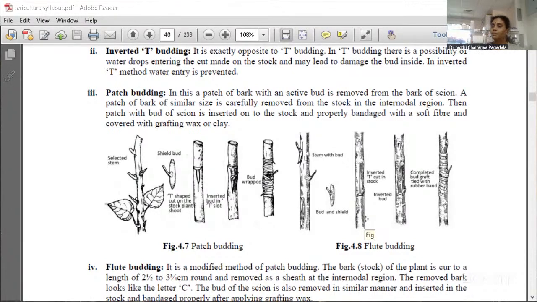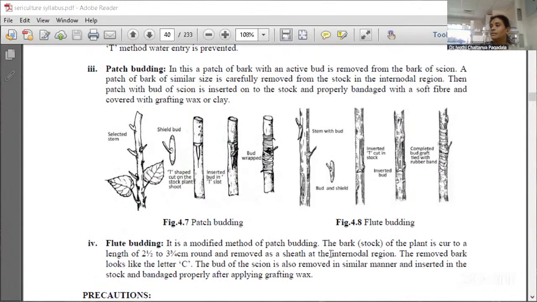Then the patch with bud of scion is inserted on the stalk and properly bandaged with the soft fiber and covered with grafting wax or clay for further developmental stages.